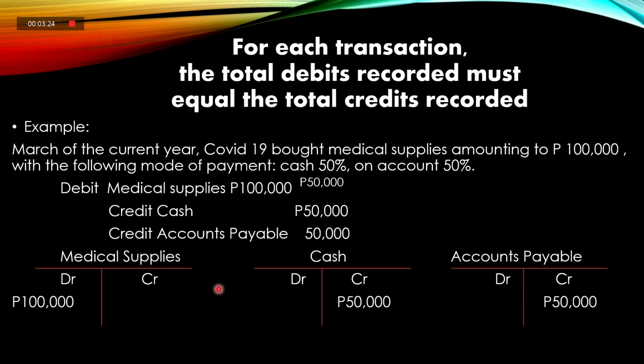Where did we get the 50,000 pesos? Medical supplies of 100,000 pesos less the cash on the credit side, 50,000 pesos. So 100,000 minus 50,000 is equal to 50,000 pesos. So the total asset is 50,000 pesos.